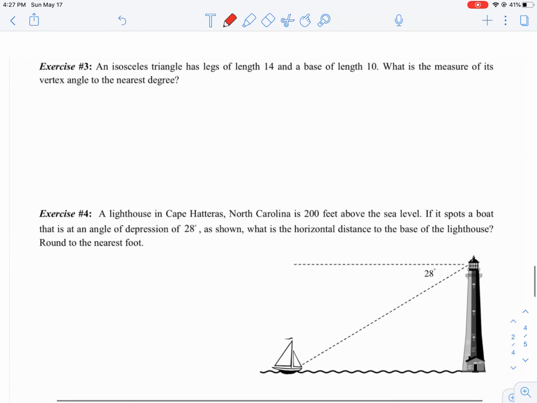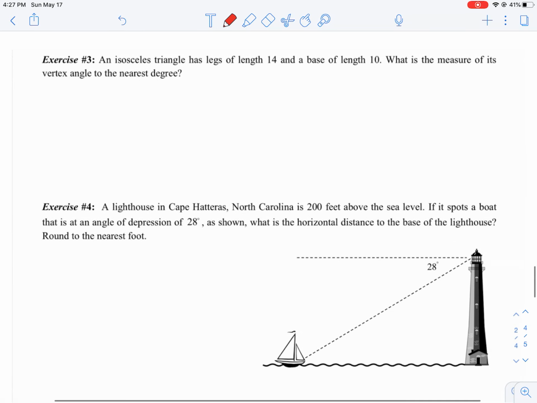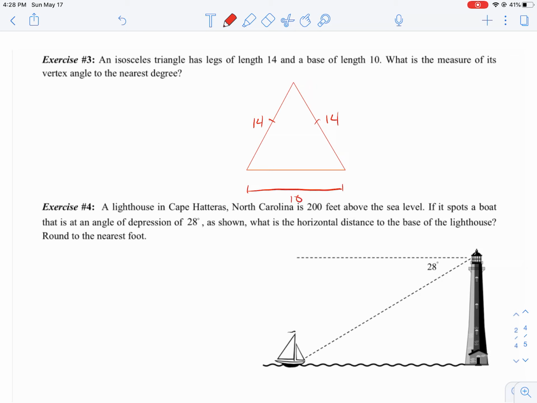Exercise 3, an isosceles triangle has legs of length 14 and a base of 10. So let me draw my isosceles triangle. Okay, so it has legs of length 14. With an isosceles triangle, you've got to remember these two sides are equal, and a base of 10.